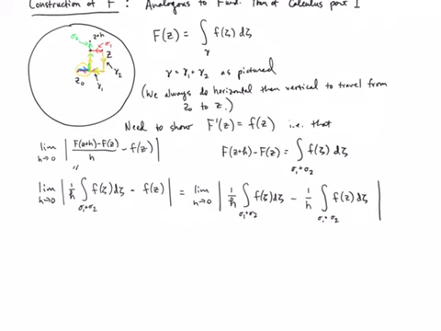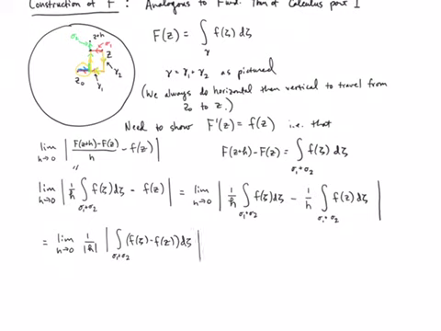So what you find is that this is equal to the limit as h goes to 0 of 1 over norm h times the norm of the integral along sigma 1 plus sigma 2 of f of zeta minus f of z d zeta.